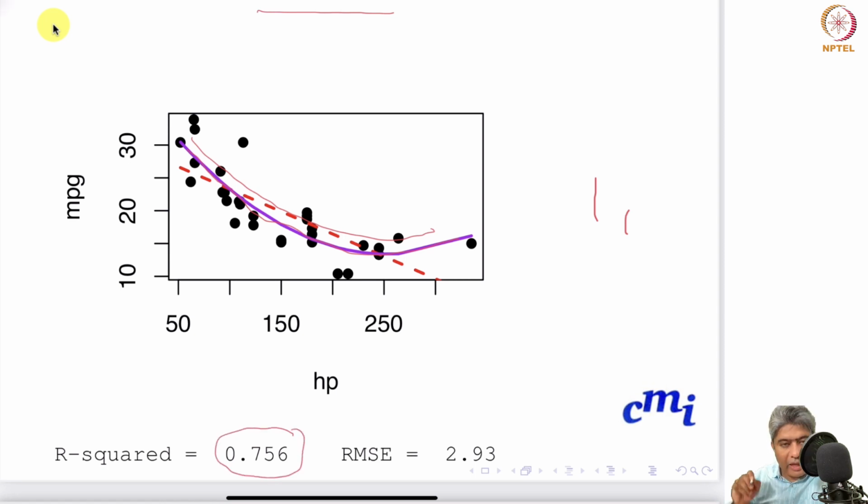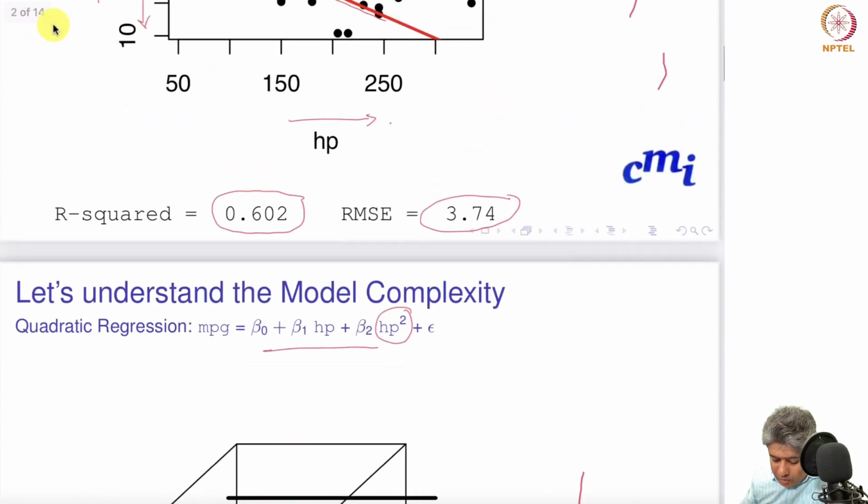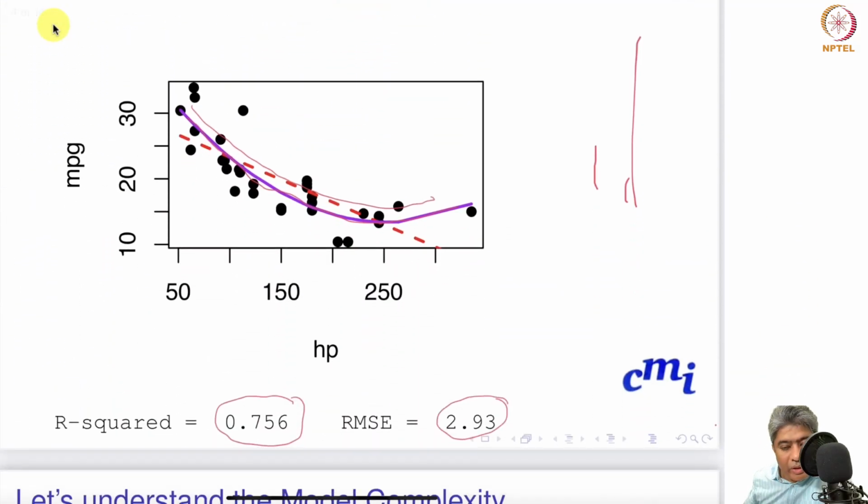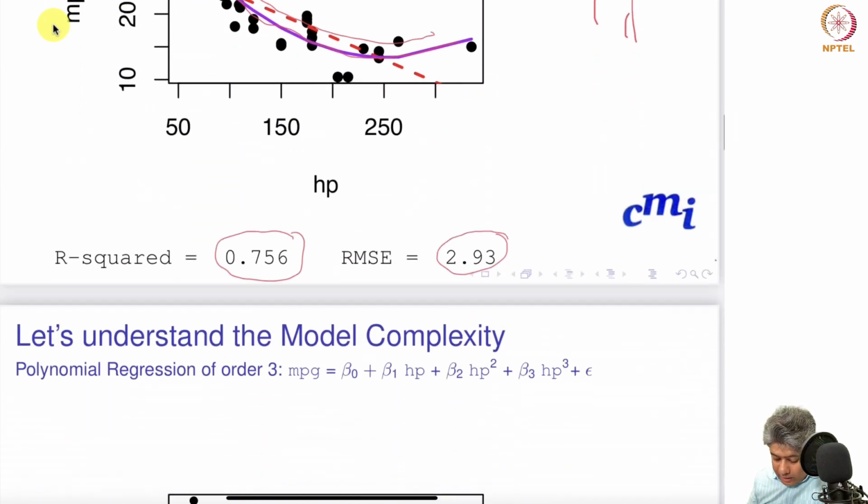Previously in the linear regression it was 60%, but when we use quadratic regression, the R square has gone up to 75%, which is good news. The root mean square error also has gone down as expected. It was 3.74, now it is 2.93, so quite a bit of reduction in root mean square error.